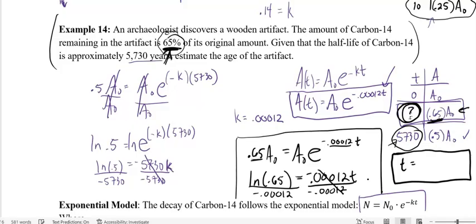So it didn't get down to the amount at 5,730, right? There's still 65%. So the order I have my chart here is good. And when I plug that into my calculator, I say it is 3,560 years old, right? Which should make sense. Once it gets down to half of its original amount, it's 5,730. So it hasn't got down to half yet. So this seems about right.